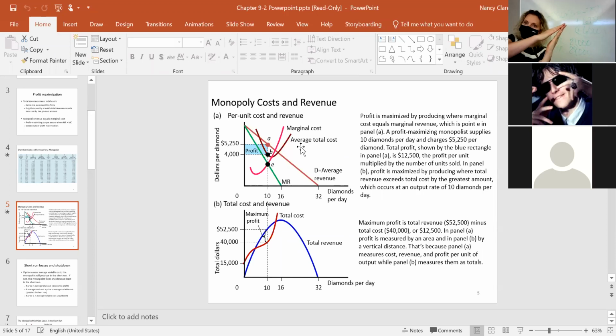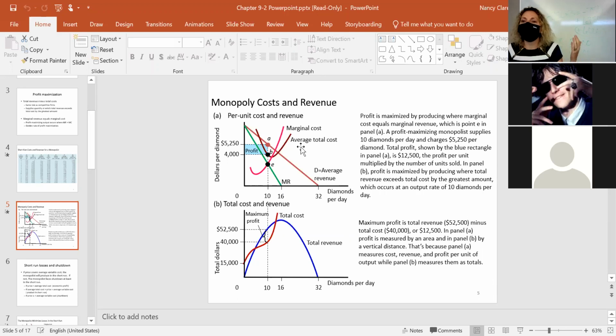Well, now those look different. But your analysis of this graph is exactly the same as the analysis you did with your other graphs. It's a three-step process. Analyzing these per unit graphs is a three-step process. The first thing I always do is look for MR equals MC. It's the first thing you've got to do.